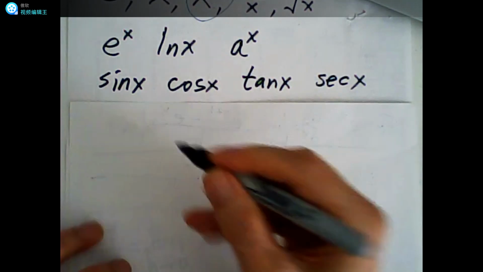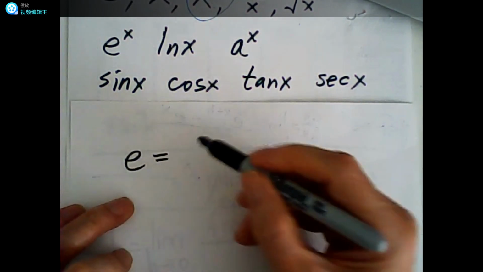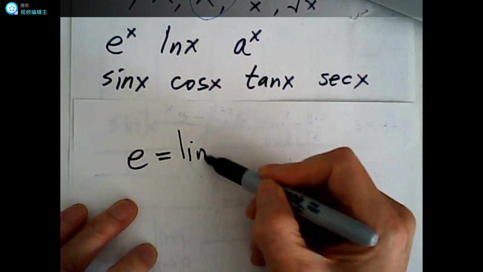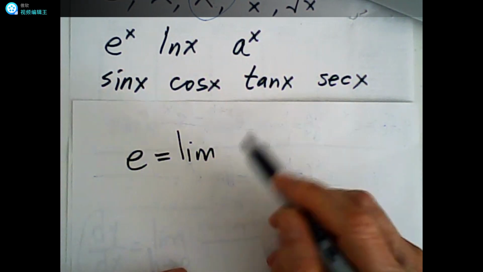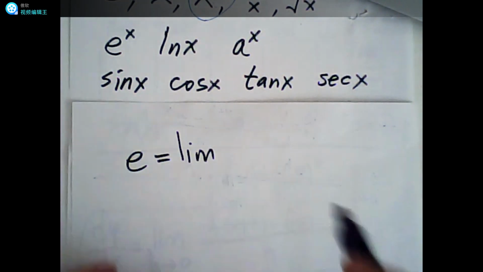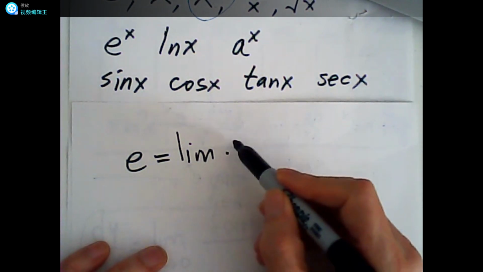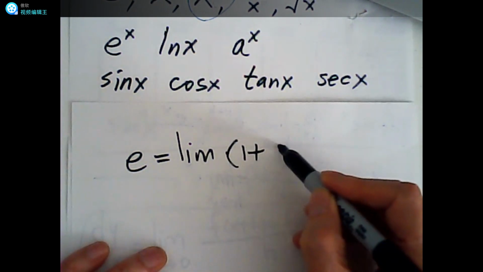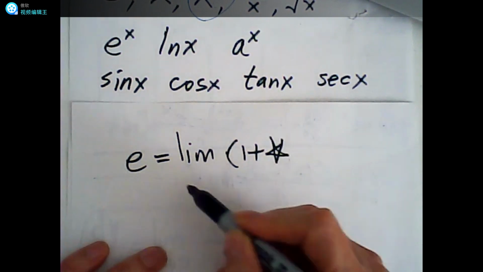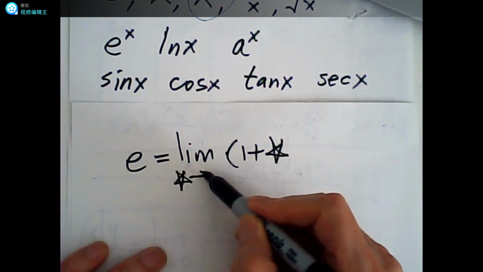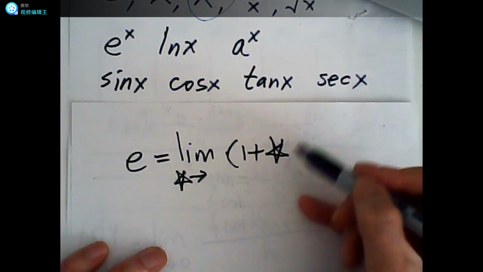Definition of e is this, right? e is equal to the limit of 1 plus a number, right, which is approaching 0, to the power of 1 over that number. Now, I'm not using letters, I just use a symbol.